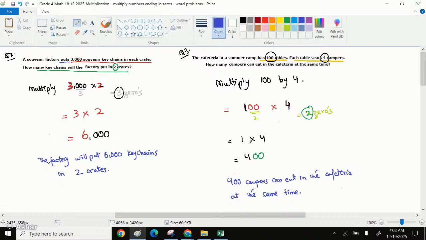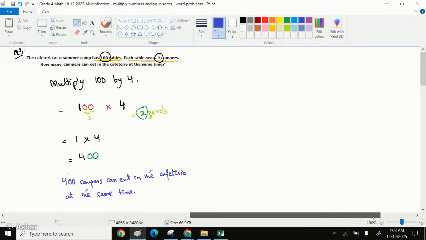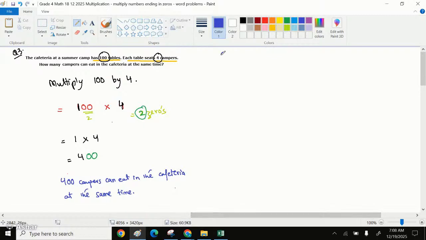So we simply had to do 100 tables, 4 people per table. That is 100 multiplied by 4. We multiply 1 by 4, count the number of zeros, and put the zeros at the end. Moving on to the next question, question number 4.